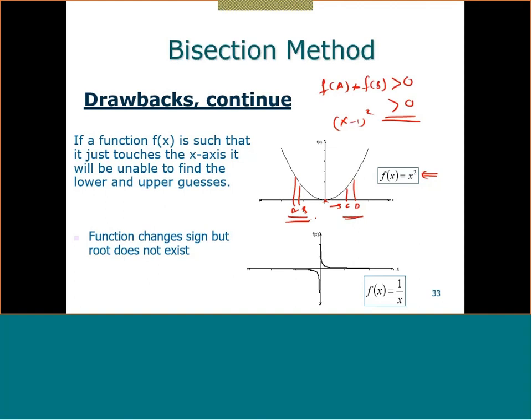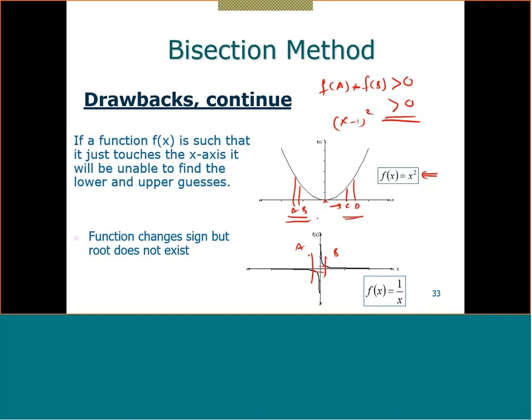Another issue, if you have a function like this, and you have your limits here, a and b, then this will be negative, this the root positive. Then you would think that there is a root here in between, but there is none, because it will never touch the 0.